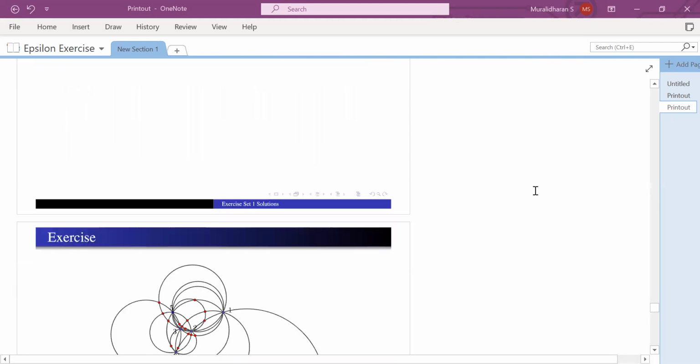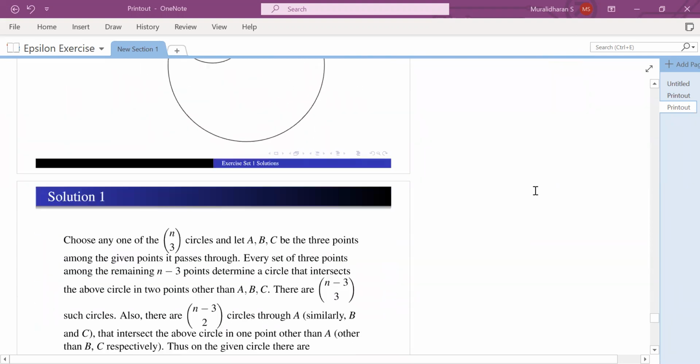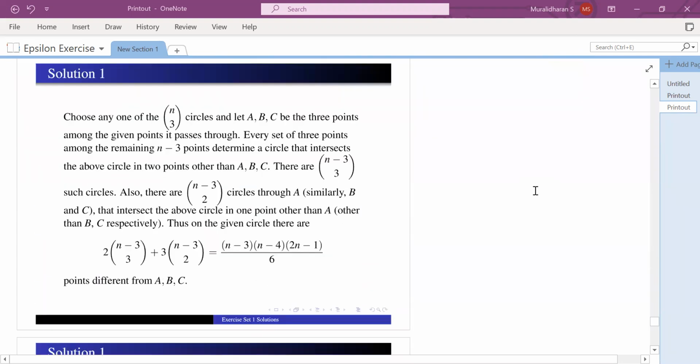So there are two ways basically. Let's do both of them. So one is that, see, no 3 points are collinear. That means I can find a circle through any of those 3 points. So I am given totally n points. So I can choose any three points in nC3 ways, and there's a unique circle passing through them.